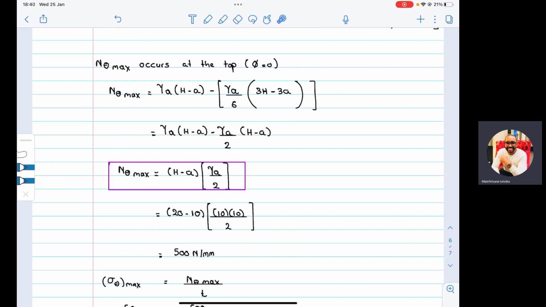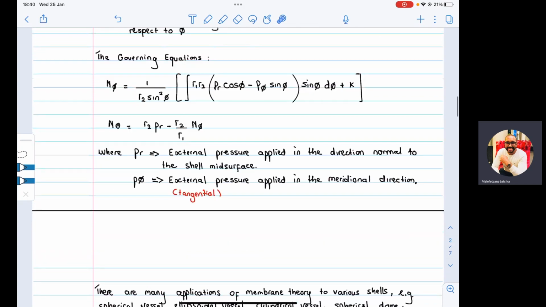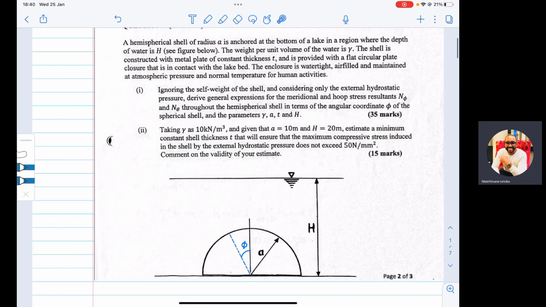Now, if you remember, the question said: taking gamma as 10 kilonewtons per cubic meter, given that A is 10 meters and H, the height, is 20 meters, which is quite deep, estimate a minimum constant shell thickness that will ensure that the maximum compressive stress induced in the shell by external hydrostatic pressure does not exceed 50 megapascals.